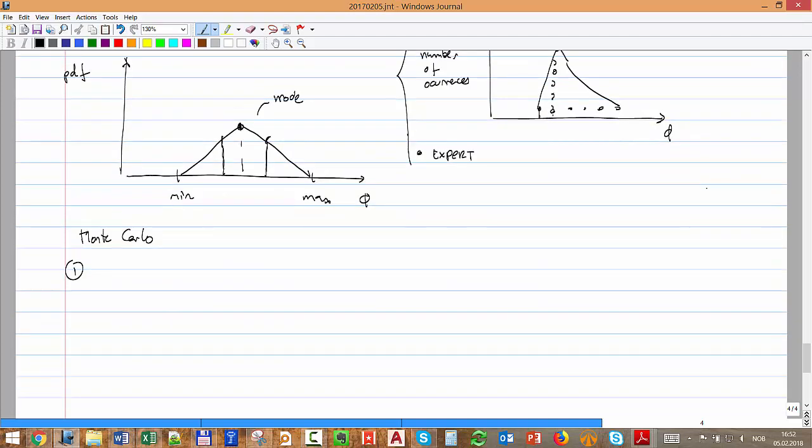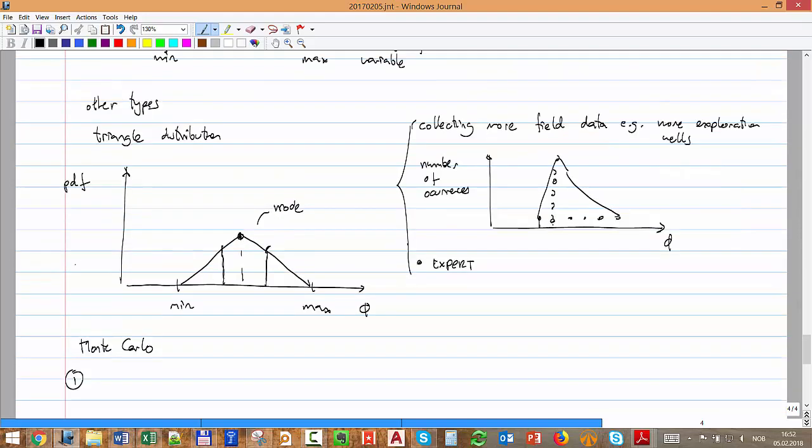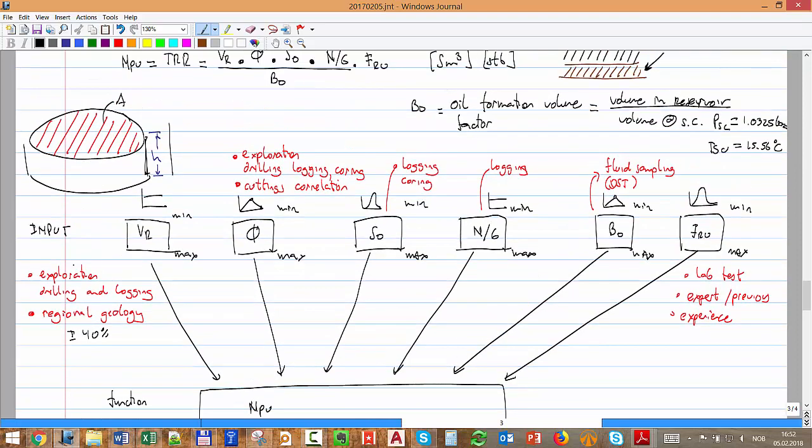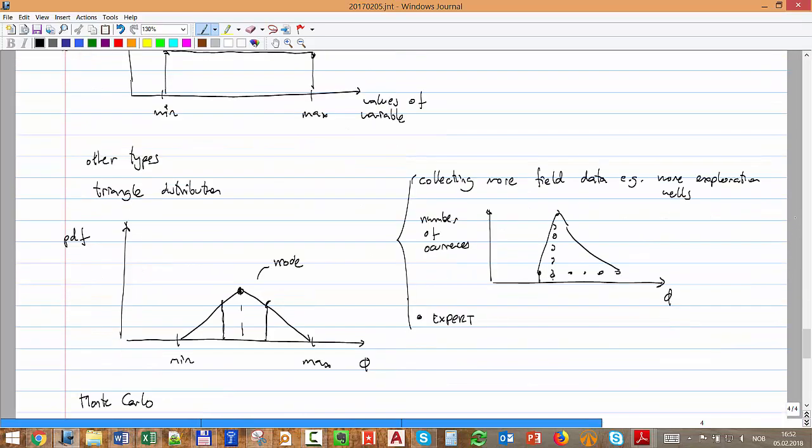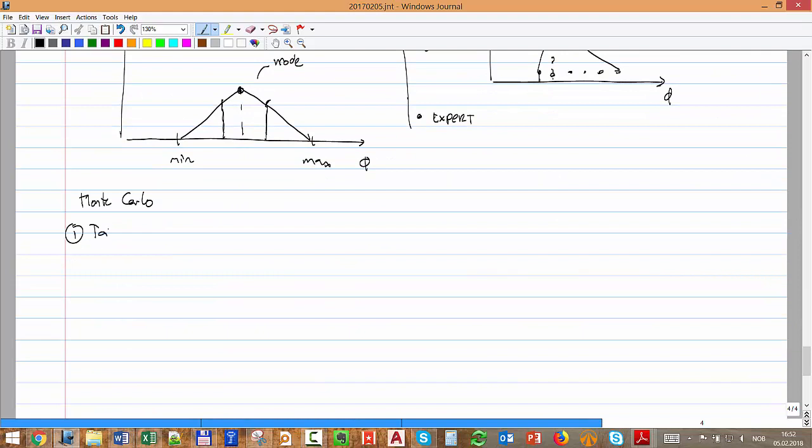So what's the first step? Random sampling. Okay, I'm going to take a random sample from here, from here, from here, from here, for all the input variables. So take a random sample of each input variable.